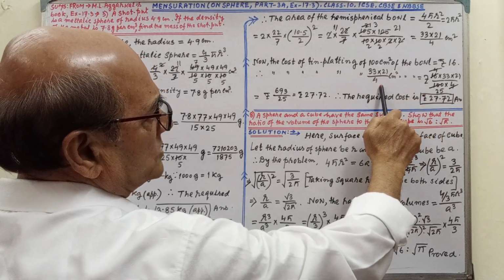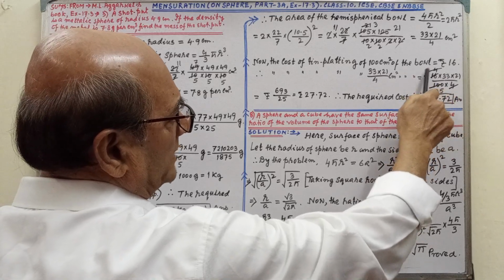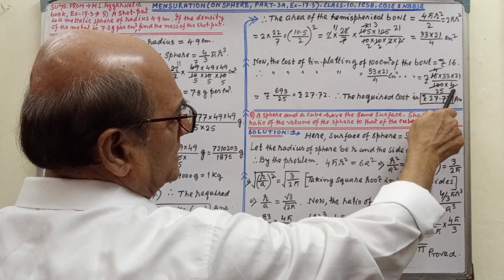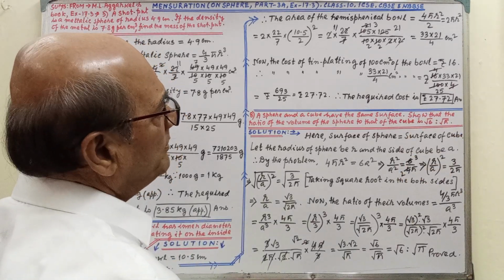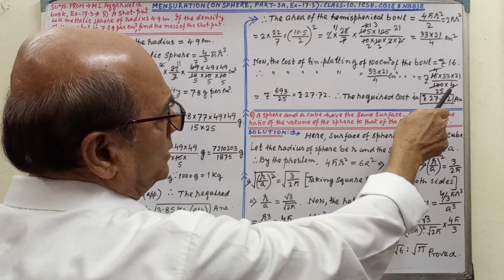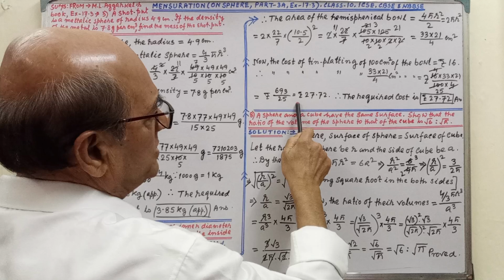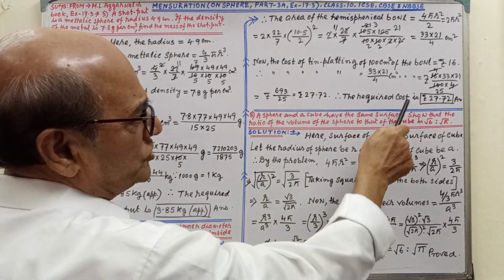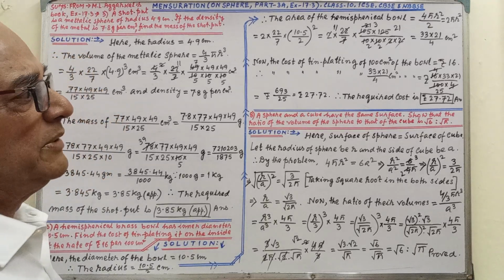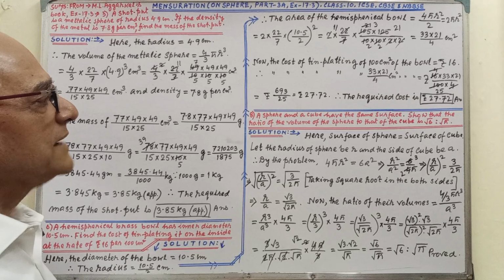And this centimeter square will be multiplied. If you follow attentively, then easily you will understand this calculation. You have liberty, you may do in your way, and you may follow this also. By division, we are getting 27.72. Therefore, the required cost is rupees 27.72. Sum is completed. Next sum.